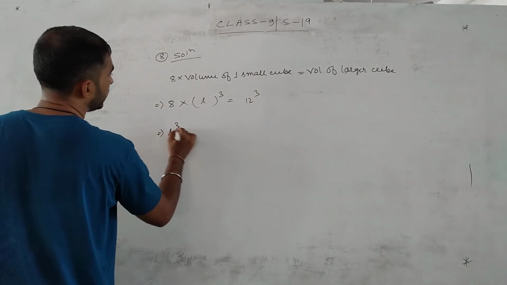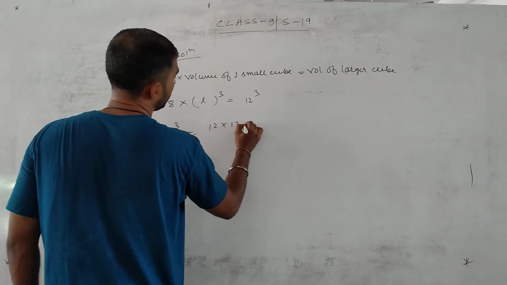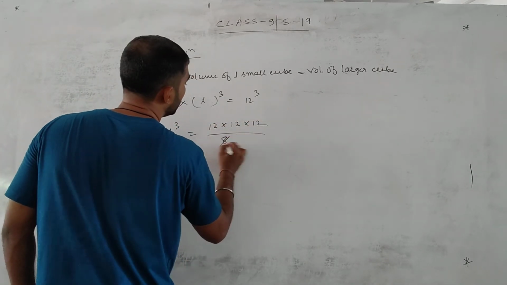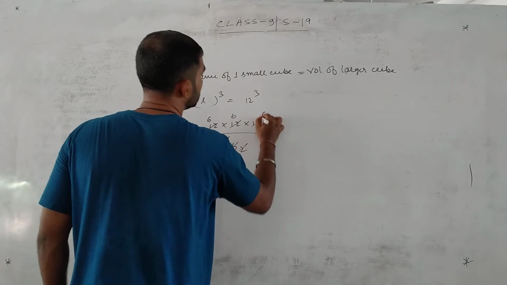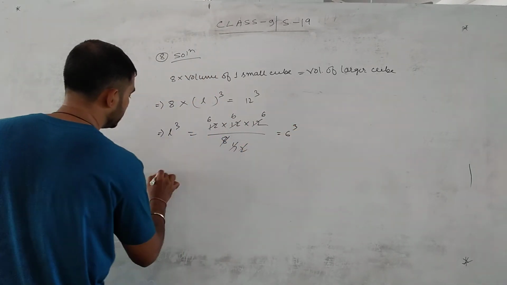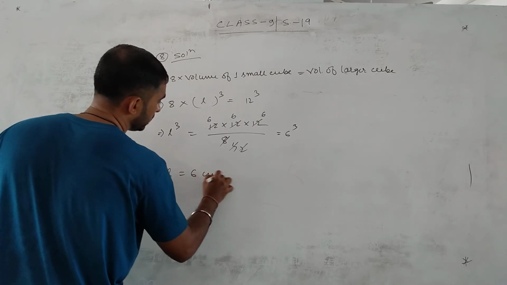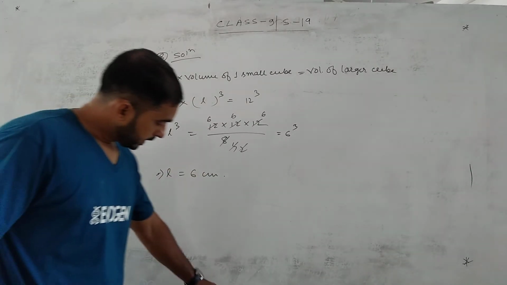So L cube equals 12 into 12 into 12 by 8, which gives 6 cube. So what is the side? L equals 6 centimeters.